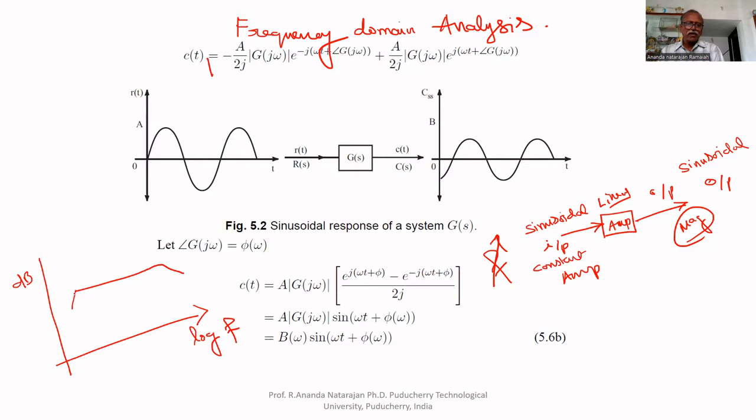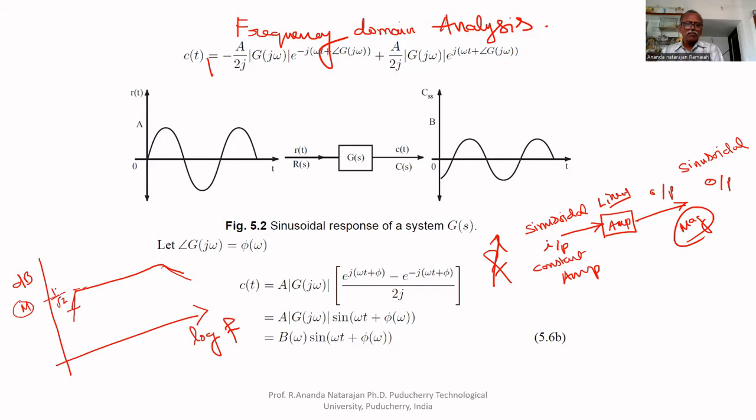You will be asked to find the cutoff frequency. That is 1 by root 2 times the maximum magnitude you got.